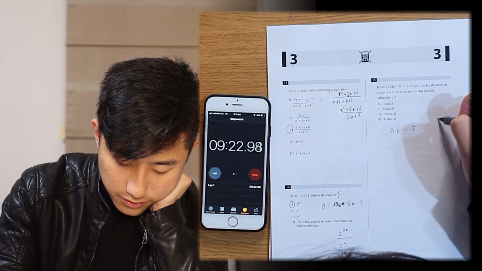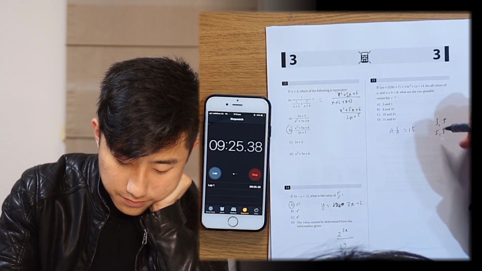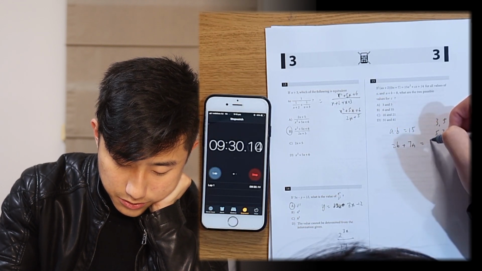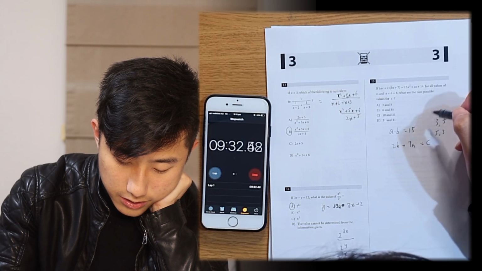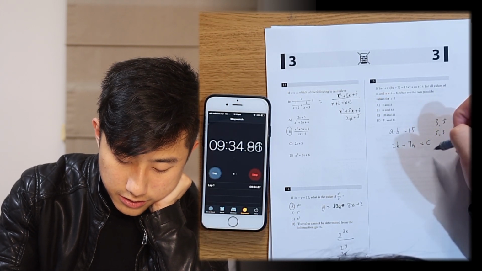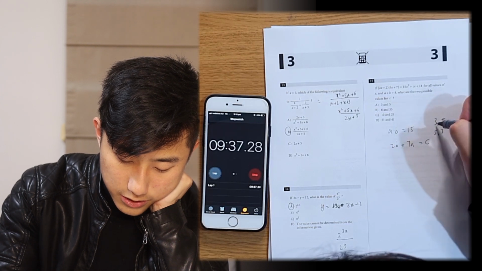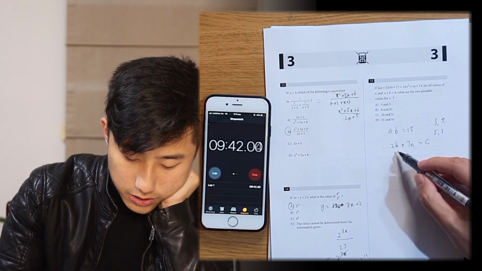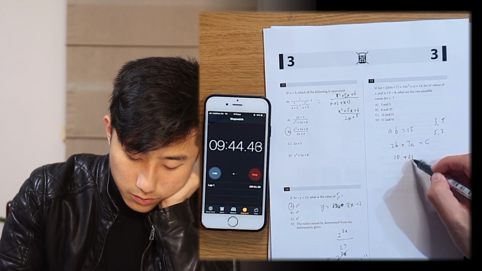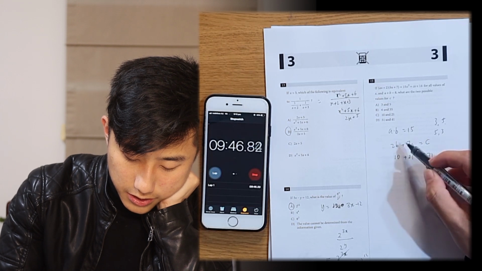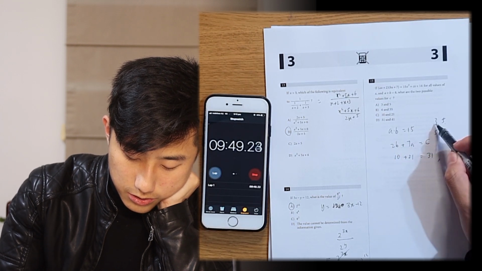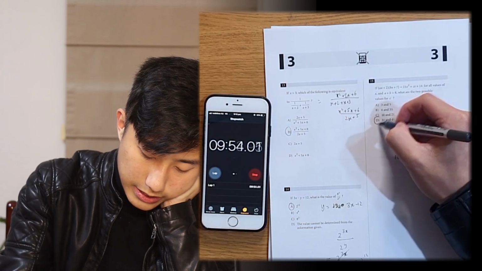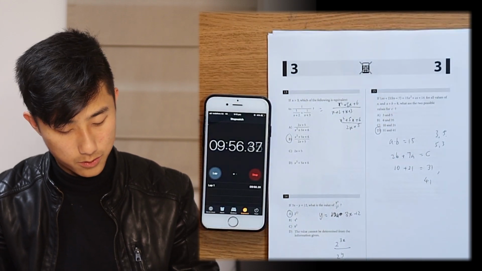So we have 3 and 5, or 5 and 3. 2b plus 7a is equal to c is our other equation. So possible values are when a is 3 and b is 5, or a is 5 and b is 3. So 10 plus 21 equals 31, and the other one is 2 times 3, so 6 plus 35 is 41. So D, that is what they're looking for.